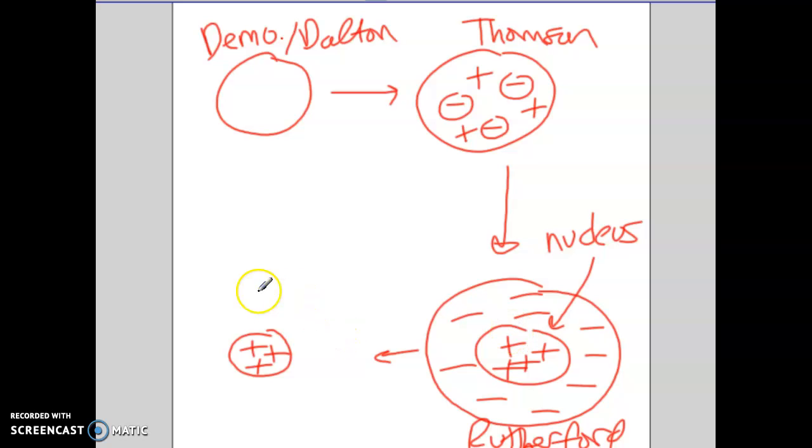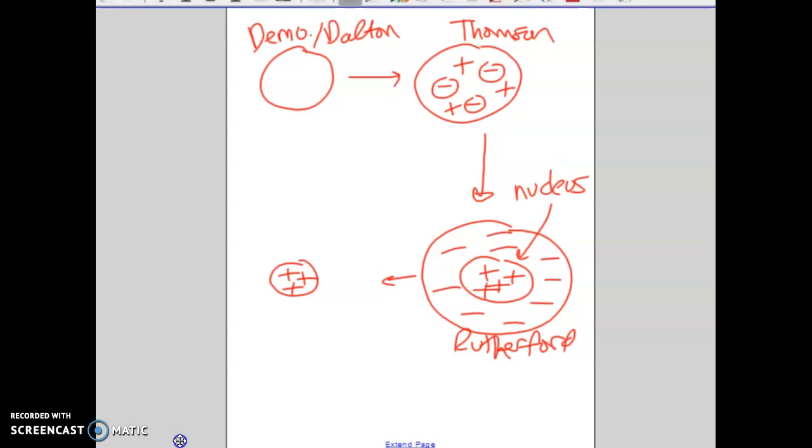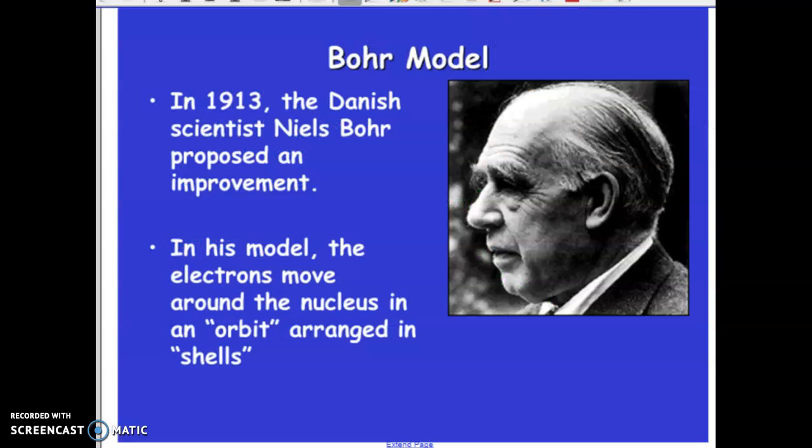But we wanted to look more at, instead of the electrons being randomly scattered, that maybe there was an actual placement for these electrons, how they were located around the nucleus. So in his model, he proved that the electrons move around the nucleus in an orbit.